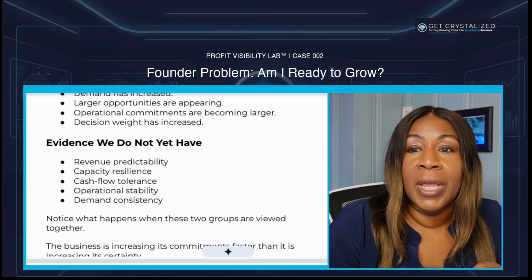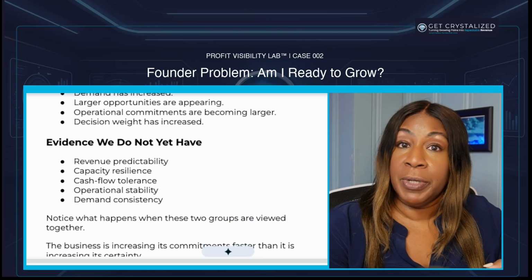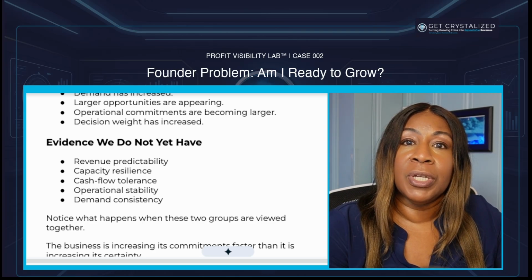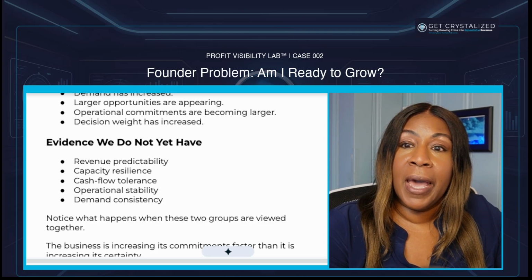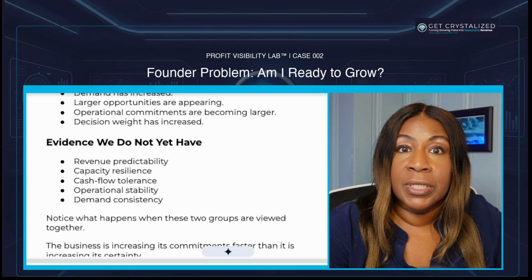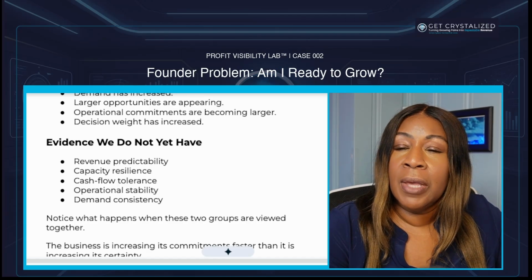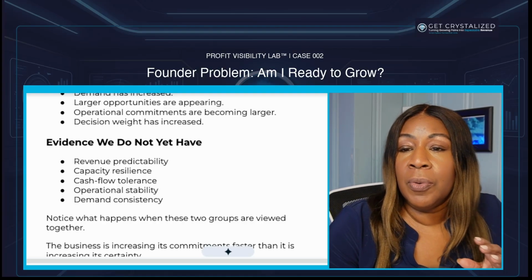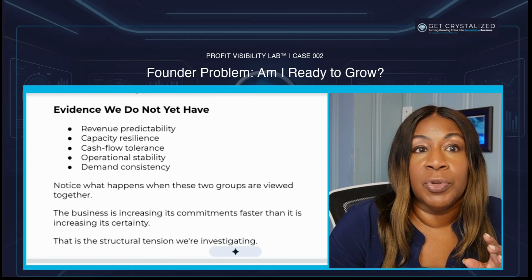But what we don't have evidence for yet are the revenue predictability, how the capacity is going to be able to adjust, how the cash flow is going to impact the business, what our tolerance is for the impacts of the cash flow, what the operational stability is going to be, and we still don't know demand capacity, right?